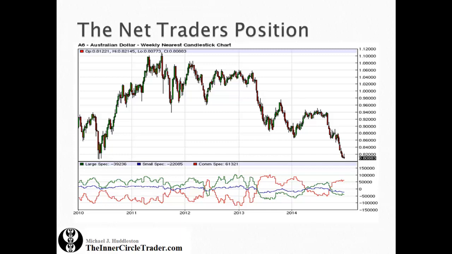If we see those things line up with a rapid reduction of net shorts by the commercials, and it's qualified with a rapid reduction of net longs by the large traders or large specs, that is the same thing by definition in the ICT camp of a net long position, because they're wildly bullish compared to the heavy net short position they were holding down here.